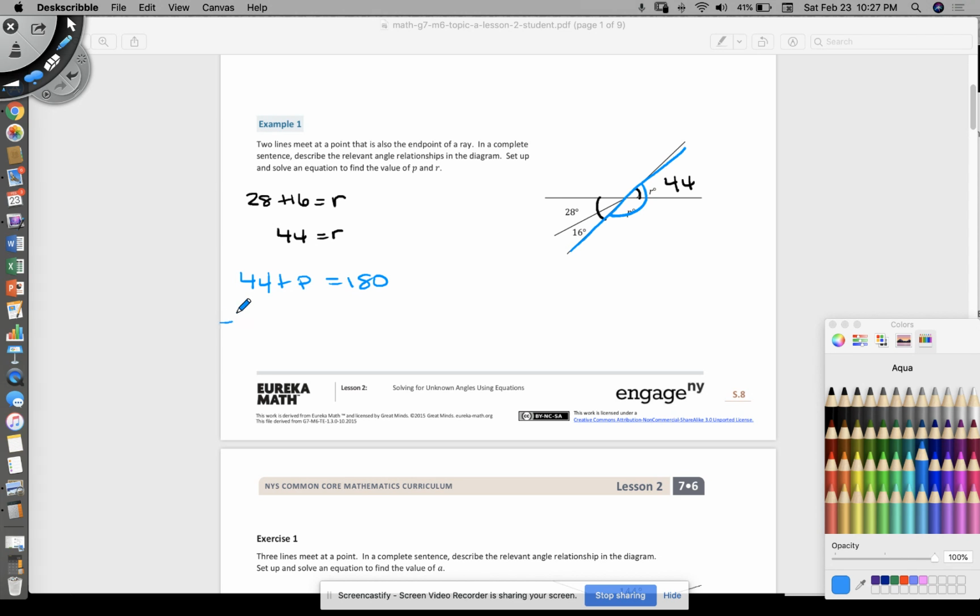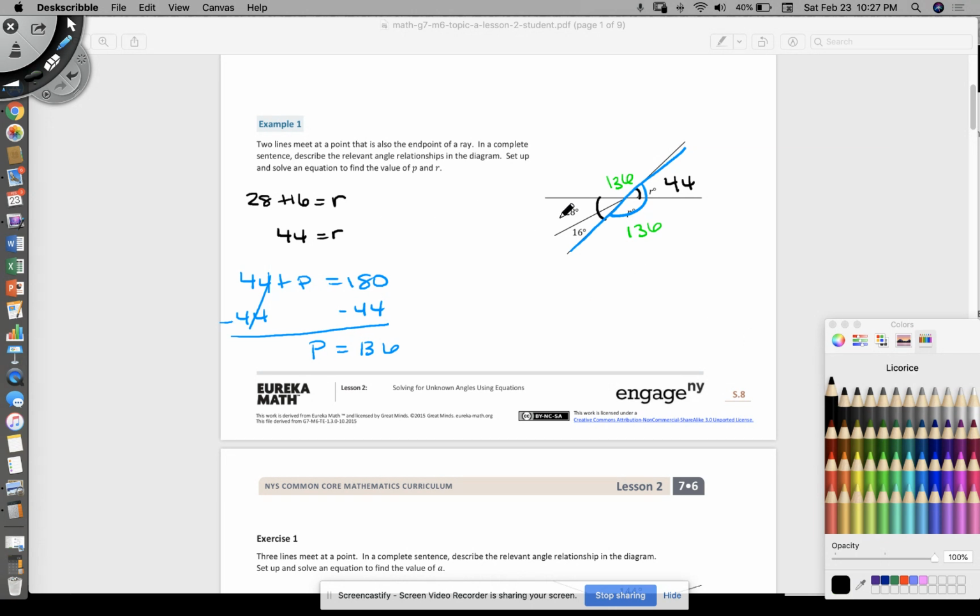So I'm going to subtract 44 from both sides. And this is P equals 136 degrees. So this angle measure here is 136. Now again, I have a vertical angle here. I could also say that one is also 136 if they were asking for it.